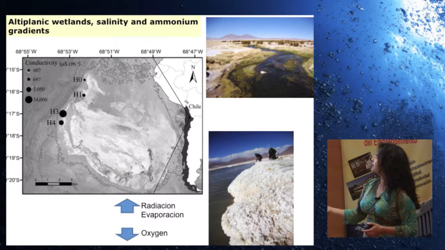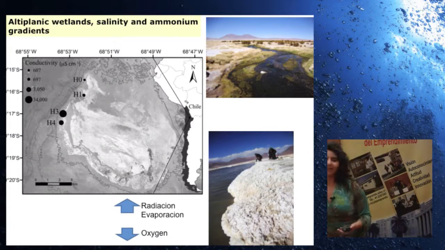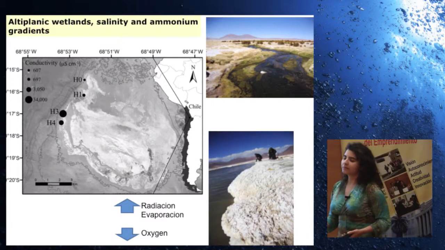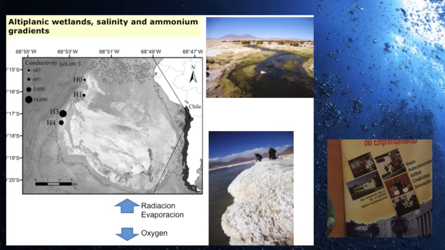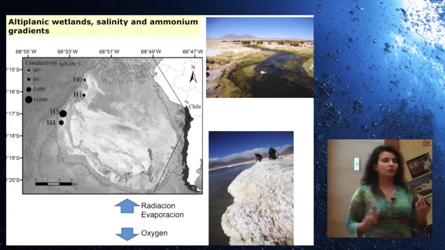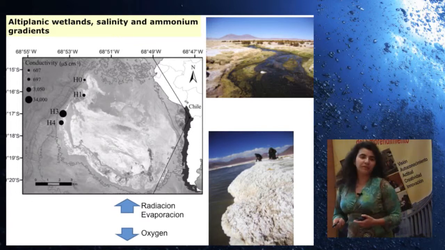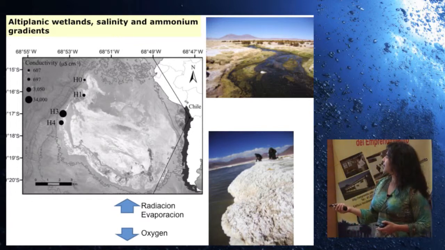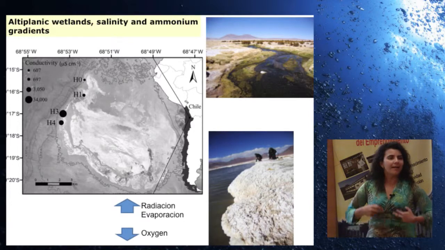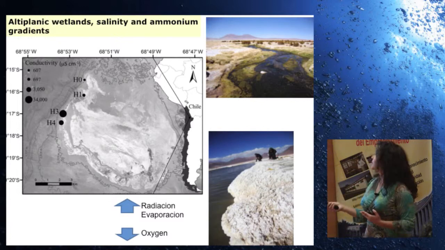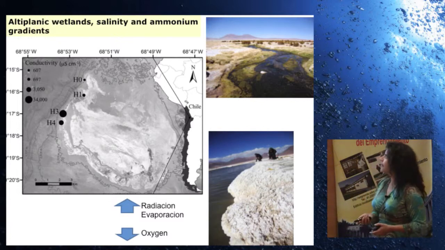All these are accumulated salt. This part is the active, the aquatic part, the main lagoon. And then there are many ponds around here and the main streams, which are groundwater that supplies these ecosystems and maintains this evaporitic basin. There's high radiation, high evaporation, so you have very nice salinity gradients to explore these questions.